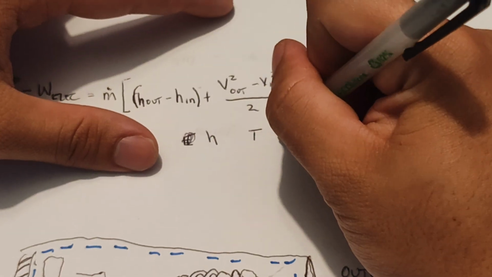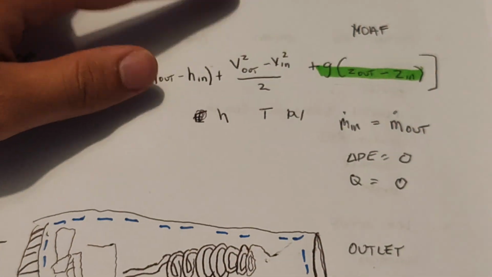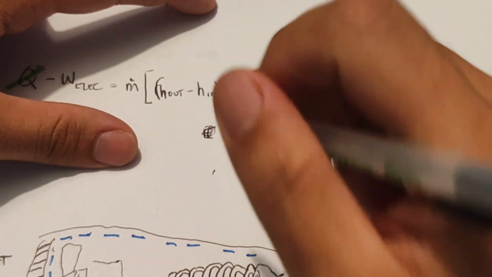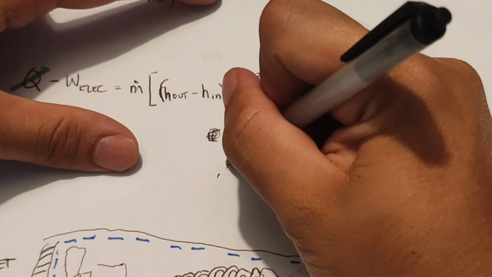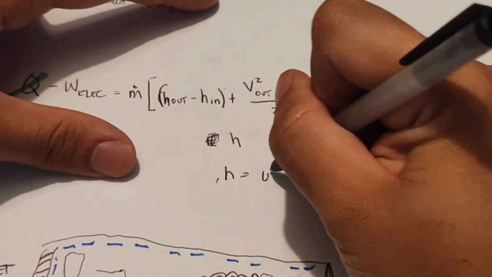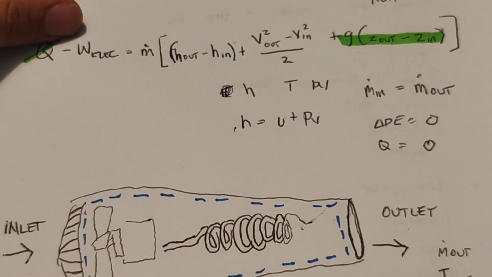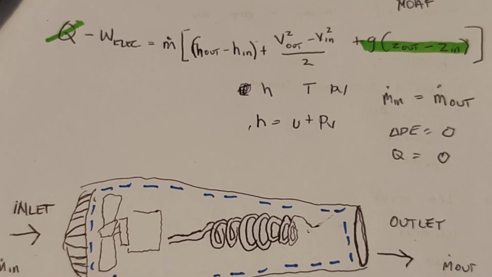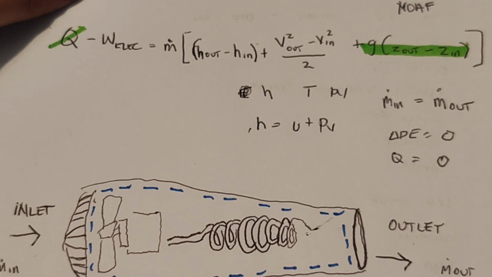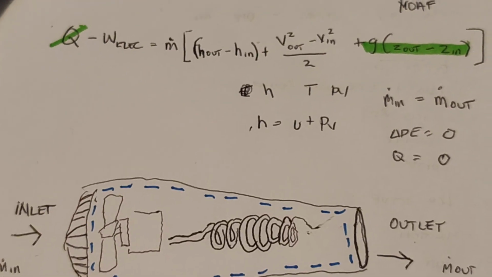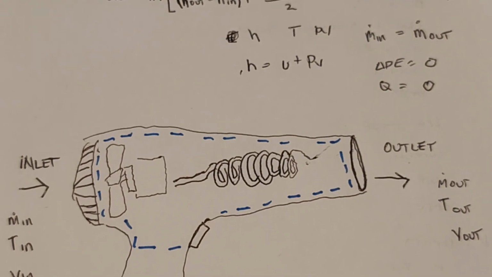We have PV. That's why the formula for enthalpy is H is equal to U plus Pv. That one. Enthalpy combines both, so it is a total thermal balance of our moving fluid.